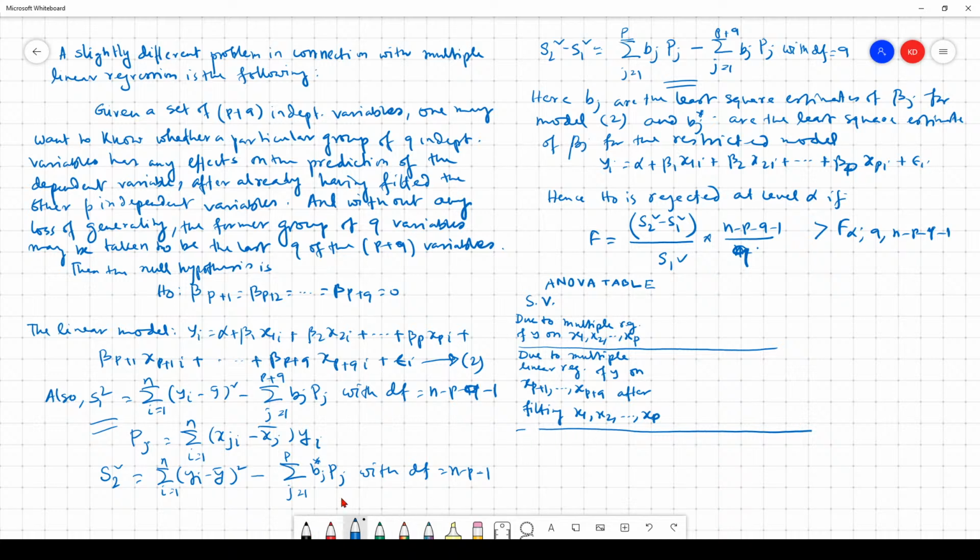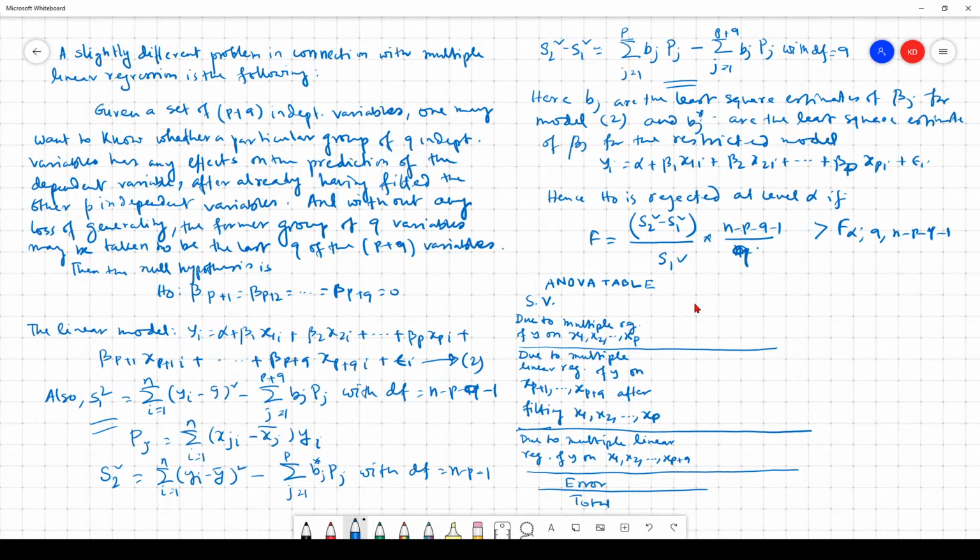so this is due to multiple linear regression of y on x1, x2, ..., x p plus q, and then error, then total.